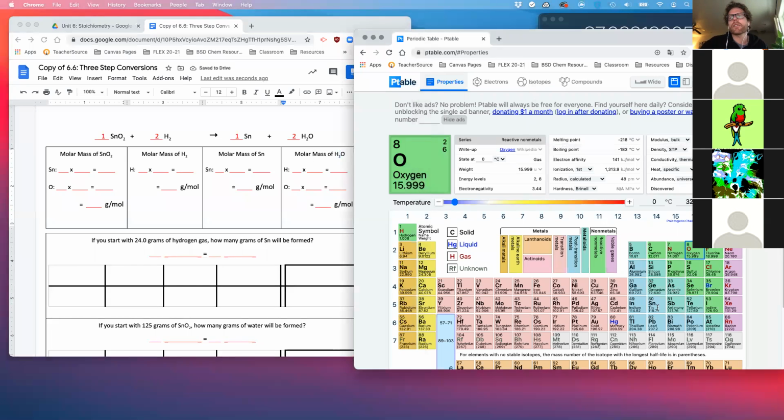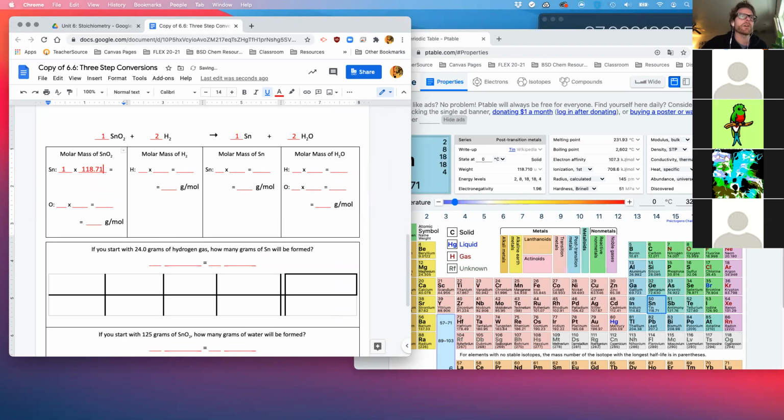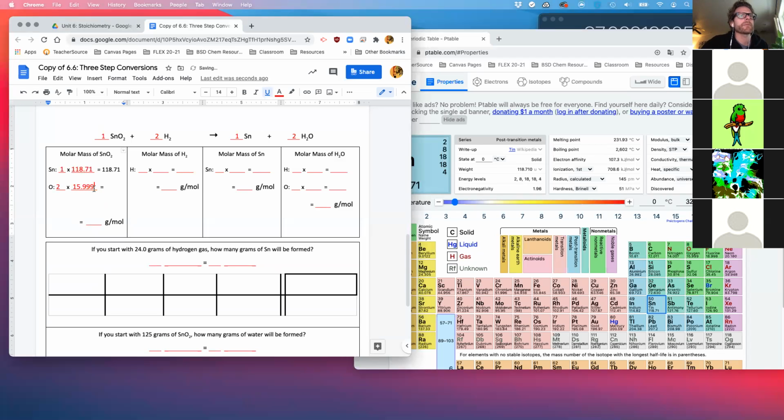So Sn, I look over here for Sn, it's 118.71, and there's one of them, 118.71. And then oxygen, there are 2 oxygen in this molecule, so I'm going to go with 2 right there. And each one of these is 15.999, and that makes that 31.998.